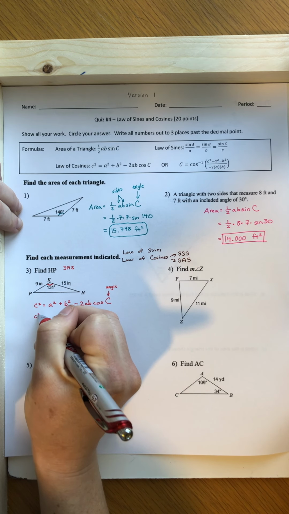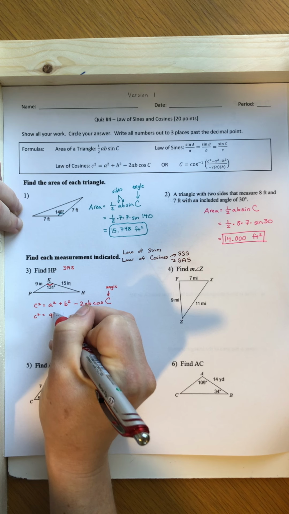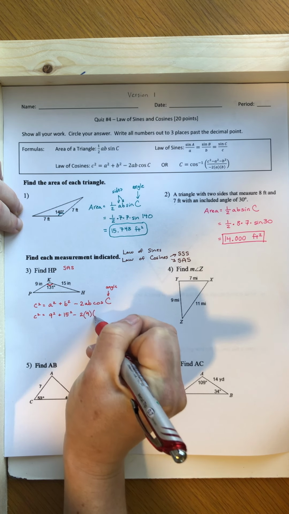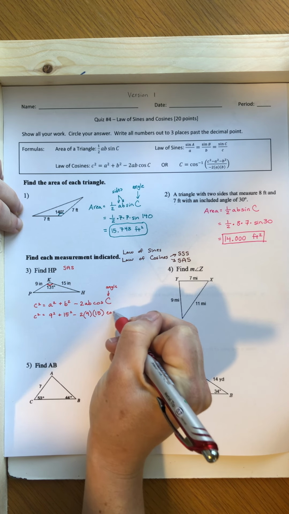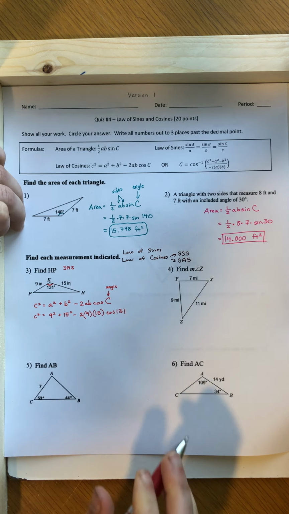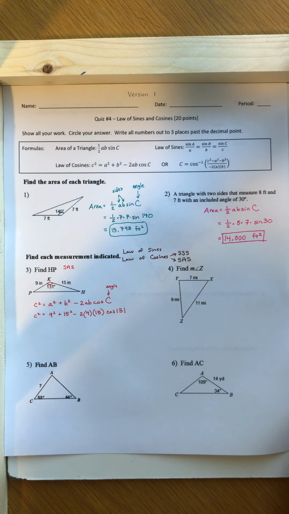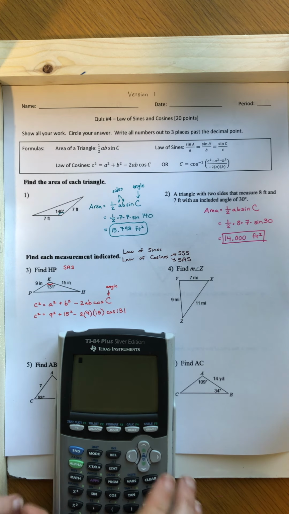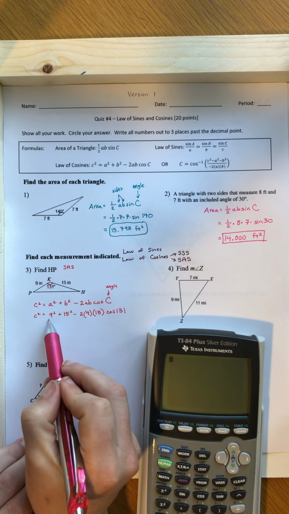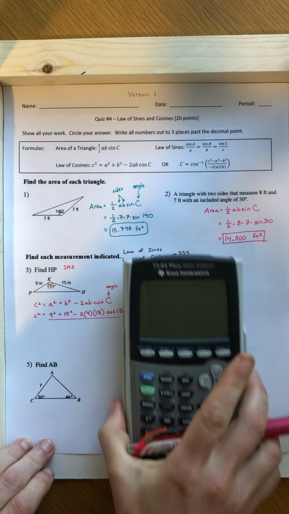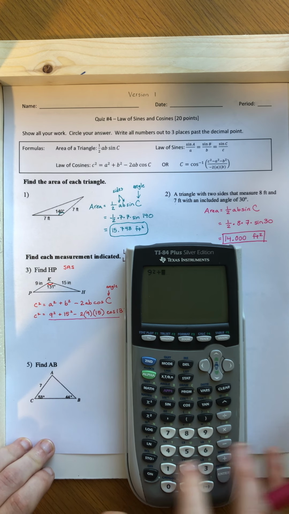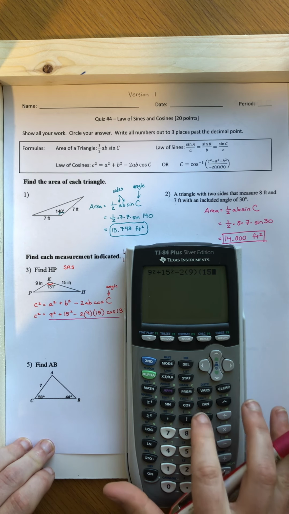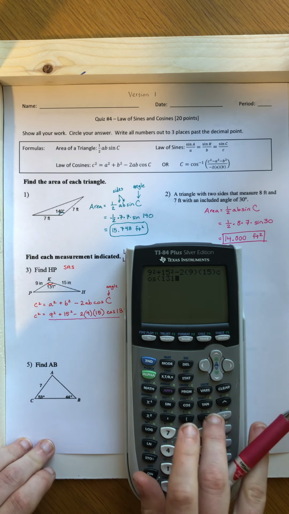All right, so we have C squared equals 9 squared plus 15 squared minus 2 times 9 times 15 times cosine of 131. Because these are all numbers, you can just put this whole side in the calculator just like it's written there. So I'm going to have 9 squared plus 15 squared minus 2 times 9 times 15 times cosine of 131.